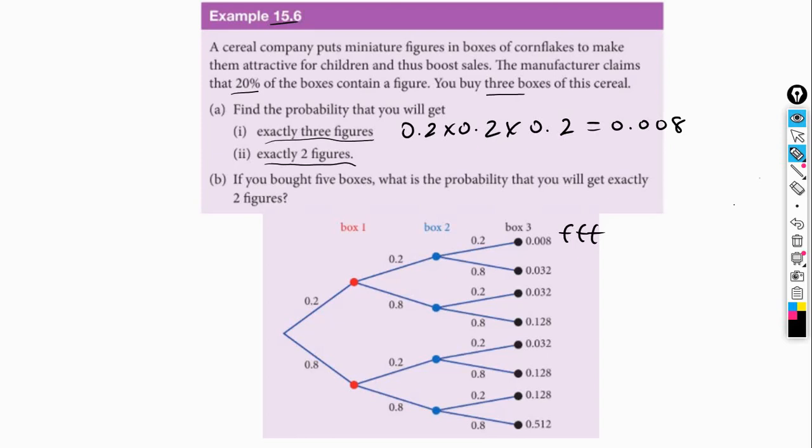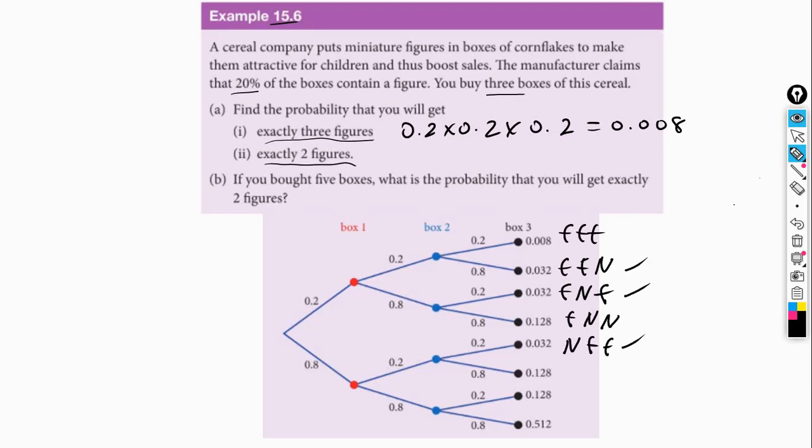Then we have, for number 2, exactly 2 figures. So let's take a look at this tree diagram and notice that here we have figure, figure, no. So this would be one case where you have exactly 2 figures. Then when you have figure, no figure, figure. So this is another case where we have exactly 2. Then we would have figure, no, no. Then here we would have no, figure, figure.